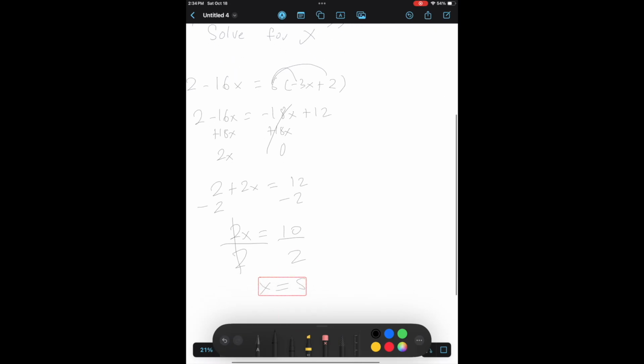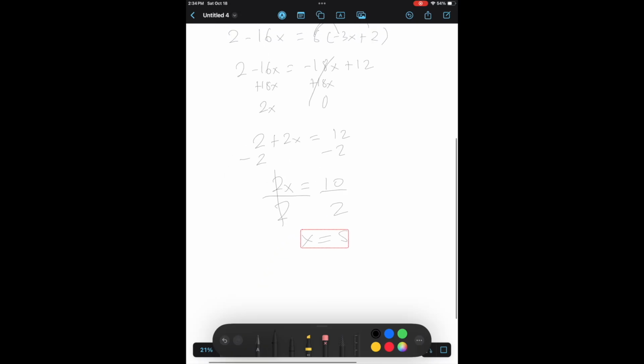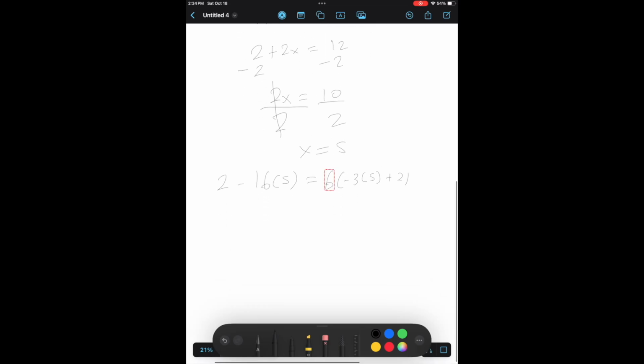So let's plug 5 back into our original equation and see if we did this right. 16 times 5 is 80. Let's see.